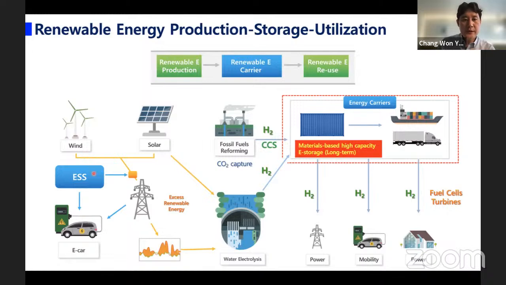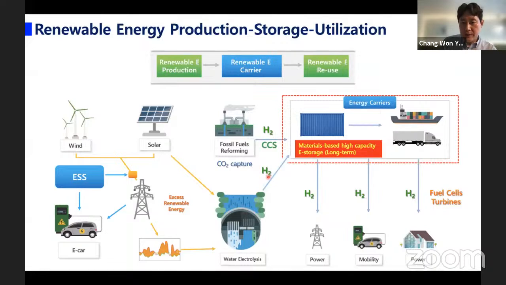If we get really, really cheap renewable electricity based on wind or solar or other sources, we can store this renewable energy using water electrolysis to produce hydrogen, which means we can store this renewable energy in the chemical form of hydrogen.